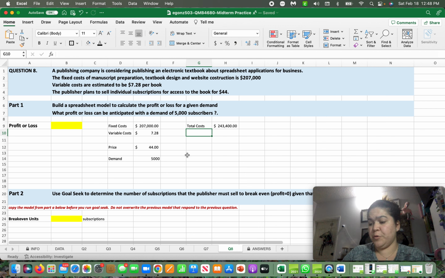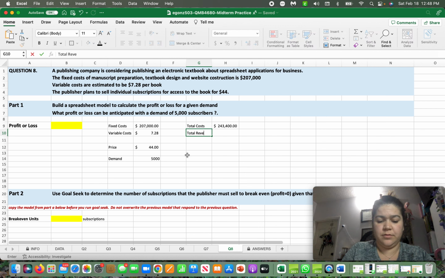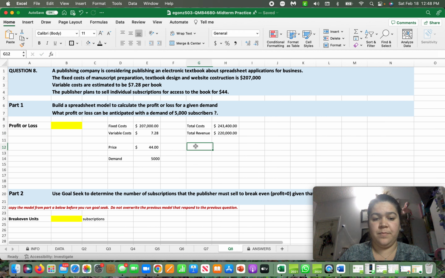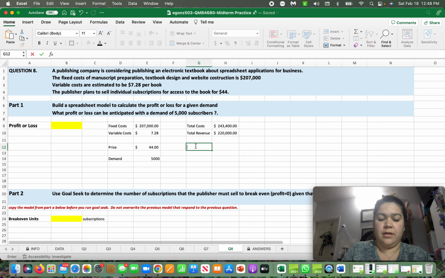Then we're going to do total revenue. So total revenue is going to be calculated by the price per subscription times the demand. Okay, and so we can calculate then the profit and loss.